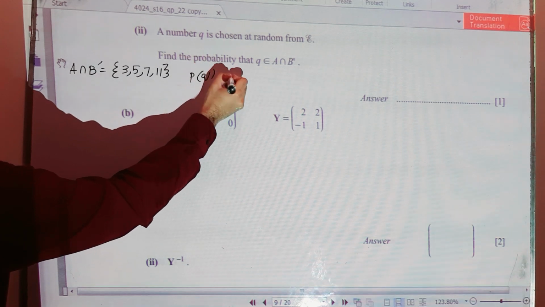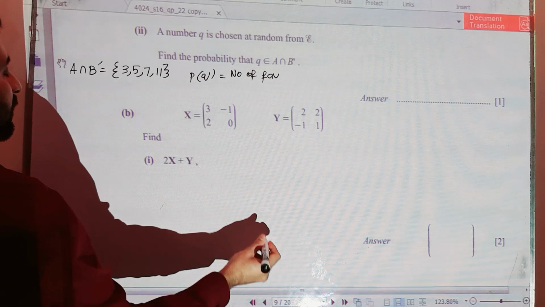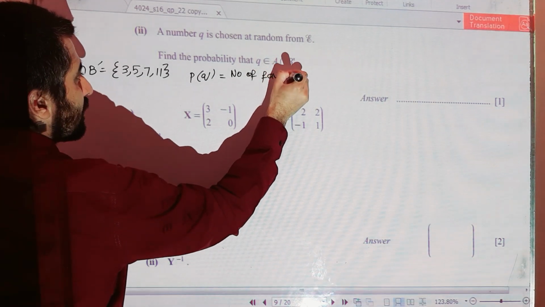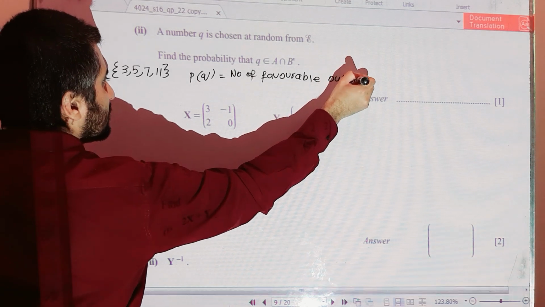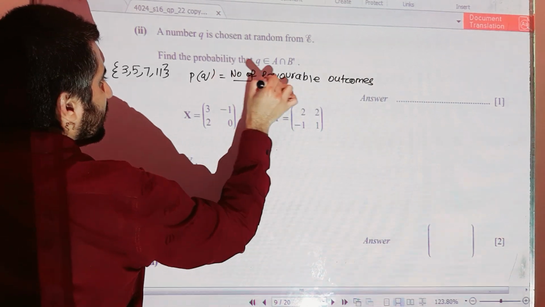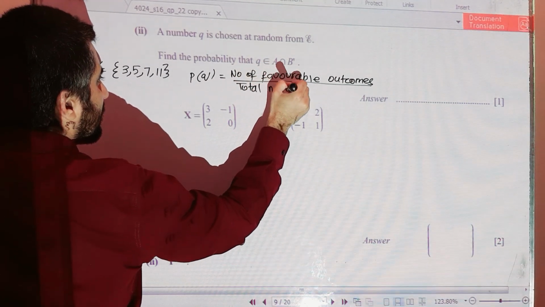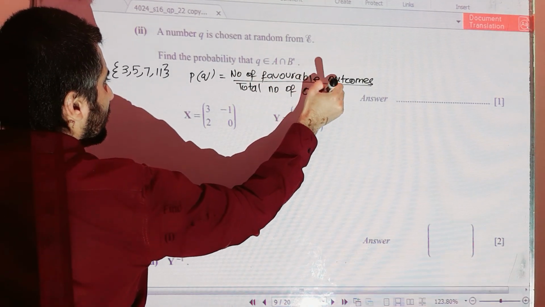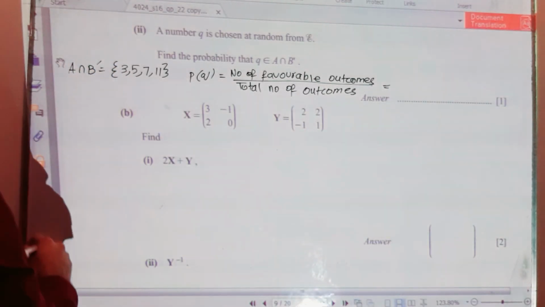Okay. Now what is probability? Probability of Q is basically the number of favorable outcomes divided by the total number of outcomes. Now what are all the favorable outcomes?